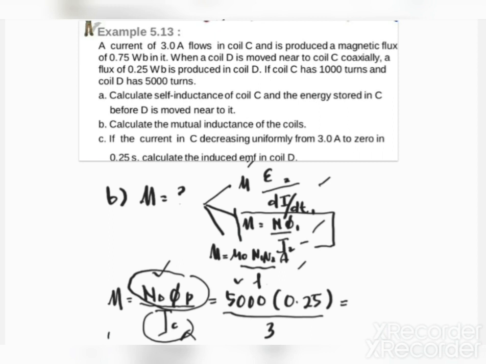So the mutual inductance for coils C and D is 417 Henry.